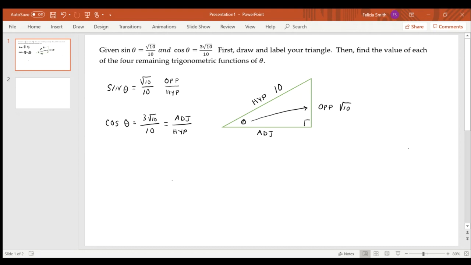So I'm going to go ahead and label our adjacent side as 3 radical 10.